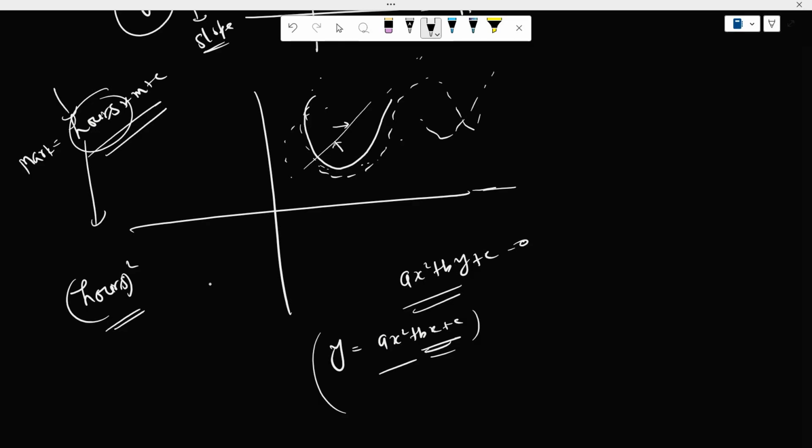Why are you trying to do this? Because you have to fit these kinds of data points which are spread all across and taking a parabolic or curved shape, right?